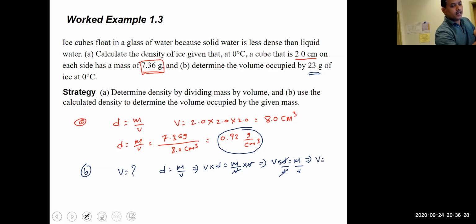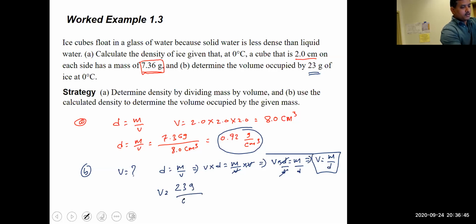So you can say volume is equal to mass over density. Now that you know the given mass is 23 grams and density is 0.92, you can plug in those numbers. So 23 grams over 0.92 grams per centimeter cubed. So you will have the answer as 25 centimeter cubed.